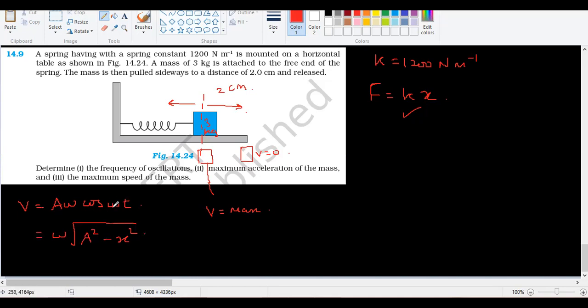Cos will be written as square root of 1 minus sin square. So a will go inside, so it will become a square minus a square sin square. A square into sin square is nothing but x square, right? So this will be positive. But then actually we want only V max, which means whatever is in front of this cos omega t, that is your V max.